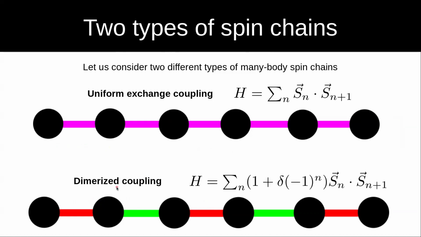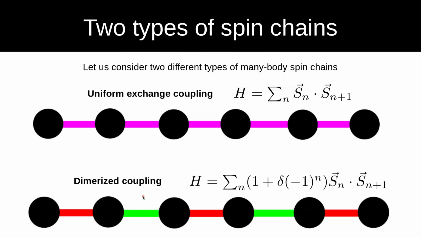The way to understand that it has a gap is by thinking about what would happen if this red coupling was much bigger than this green coupling. Then you would have effectively one singlet formed by these two sites, another singlet formed by these two sites, another singlet, and so forth. And those singlets would be weakly coupled via this coupling. So you would have effectively a gap that is almost your singlet-triplet gap.